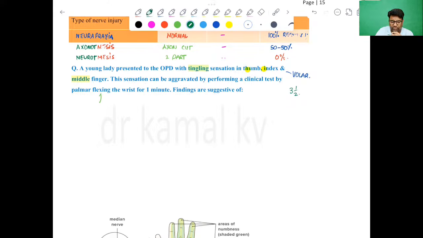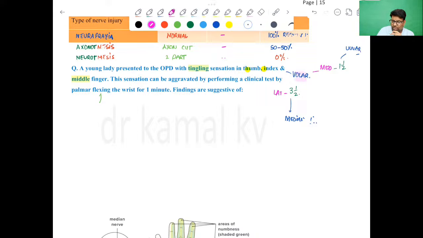So volar 3.5, this is all the territory of the median nerve. Clear? Because medial 1.5 is all the territory of the ulnar nerve. So this is lateral. Clear? If we write medial 1.5, this is all the territory of the ulnar nerve. On the volar aspect, this is very important, right?